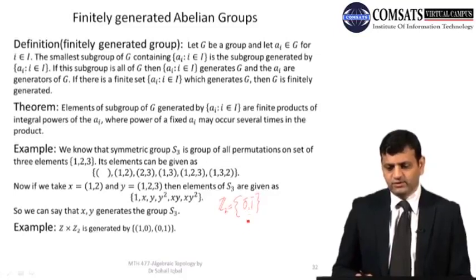In other words, the class 0 is the collection of all integers which are divisible by 2: 0, 2, 4, 6, which could be negative as well, and so on. If I divide 2 by 2, the remainder is always 0, because 2 completely divides 2. If I divide 4 by 2, the remainder is 0.